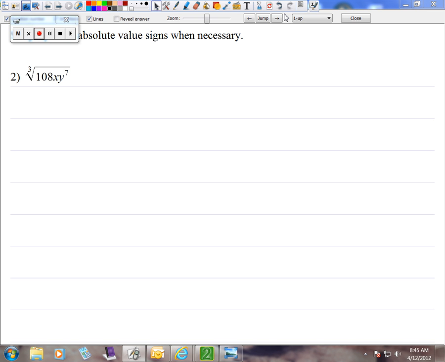You have to factor 108 all the way down to its prime factors. I don't have to because I know how to do it in my head. I can tell you right away what that's going to be. But if you can't, you need to factor it.